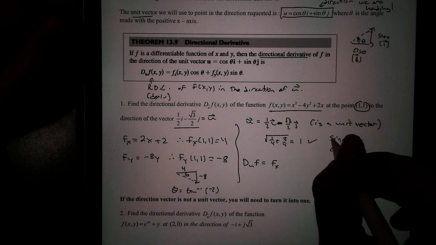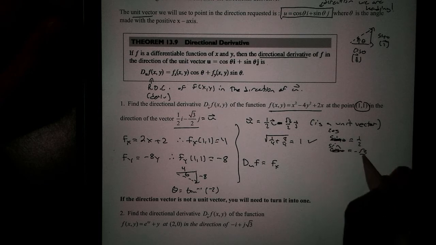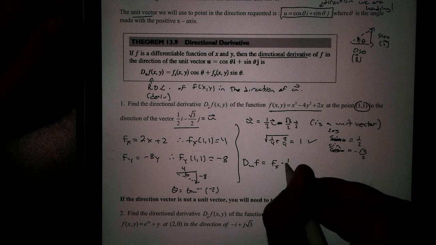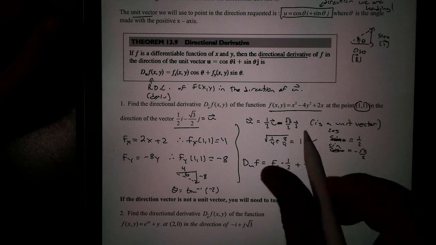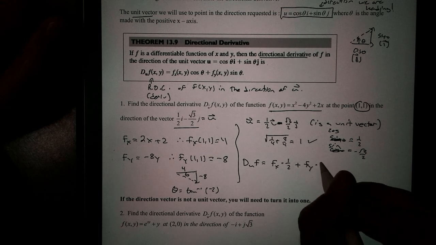Whoop, I messed up. Sorry, that should be the cosine of theta, and that's our sine of theta. Sorry about that. So our cosine of theta here is 1/2 plus fy times our sine of theta, which is negative root 3 over 2.